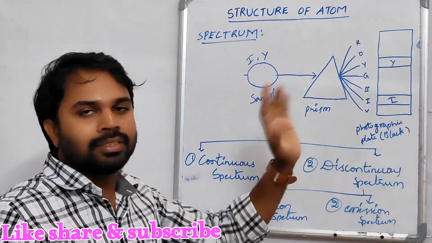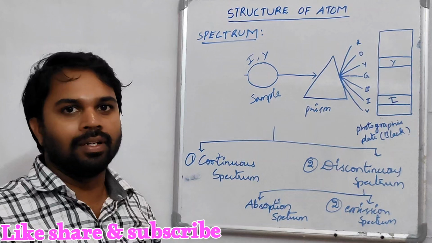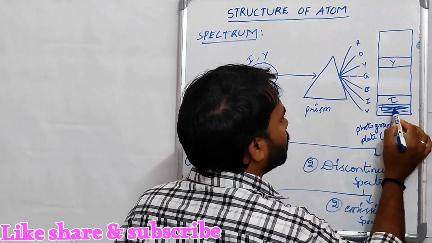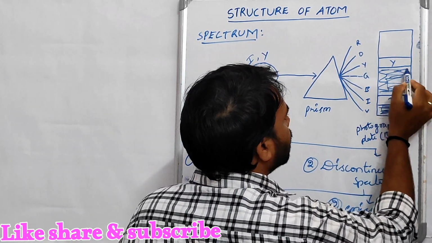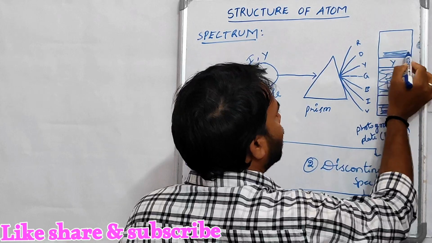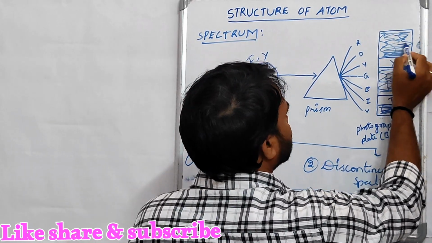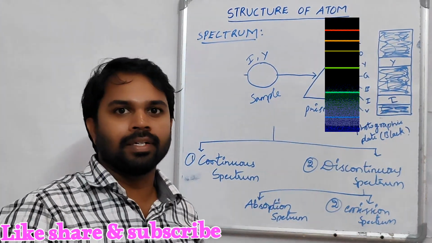And the remaining colors are absent because only these two colors were absorbed by the sample. So the remaining plate shows black color, which means empty space. There is no color present on it. This is the emission spectrum.